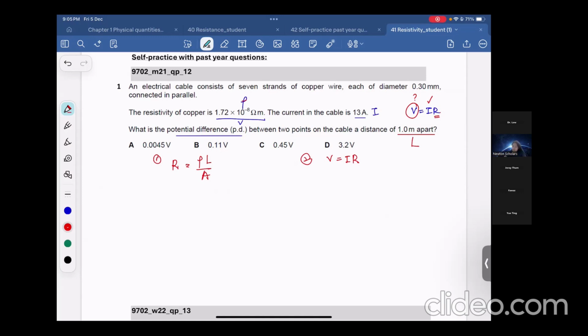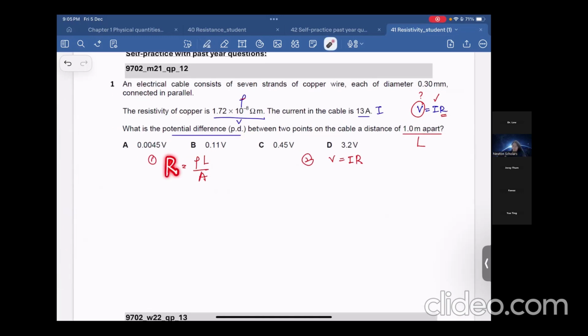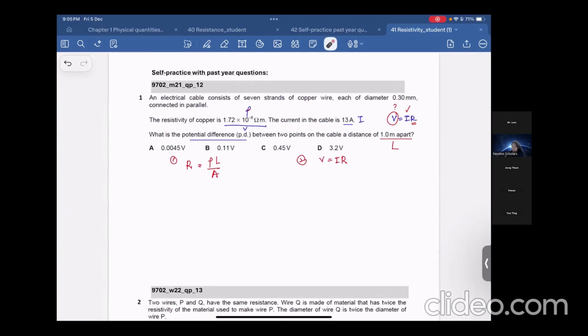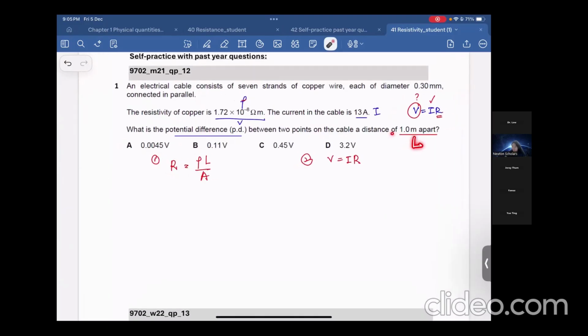When you calculate your R, this is for 1 only. Resistivity is 1.72 times 10 power of negative 8, the length is 1 meter apart, and the area you're using pi d square. So this is the d, pi d square. So this is not yet a total resistance. You still need to find total resistance. Then you only can apply this formula.